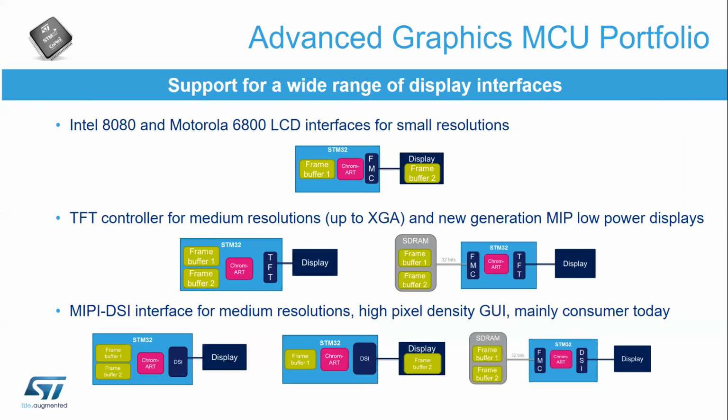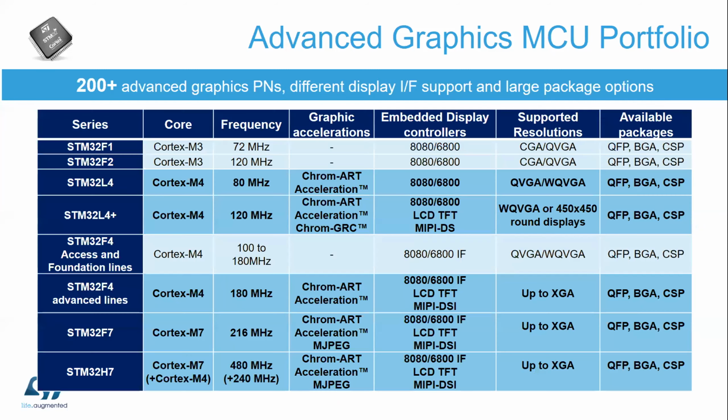In addition to this graphic acceleration or memory optimization, we are supporting a wide range of display interfaces. So classical parallel interfaces, but also TFT controllers and MIPI-DSI controllers. MIPI-DSI are displays coming from the mobile phone industry with high pixel density and very low pin count.